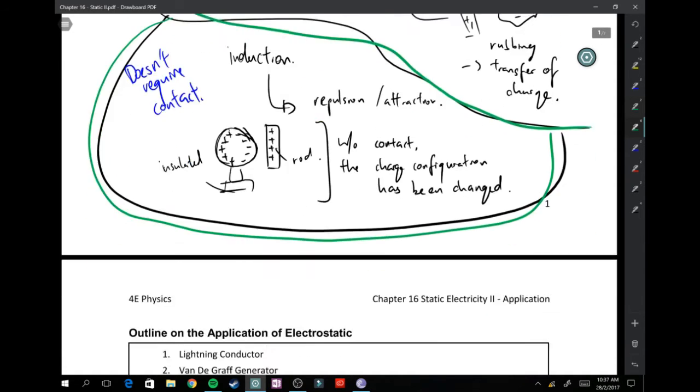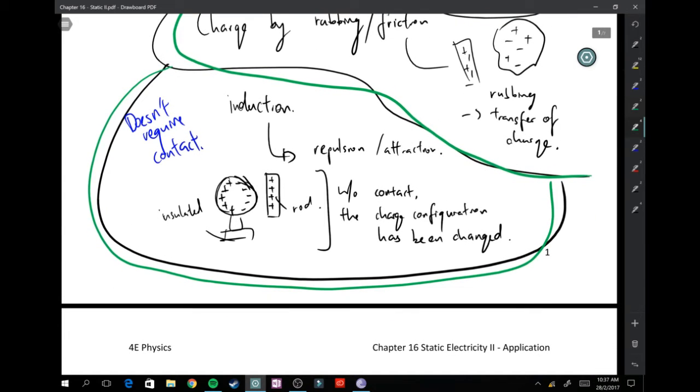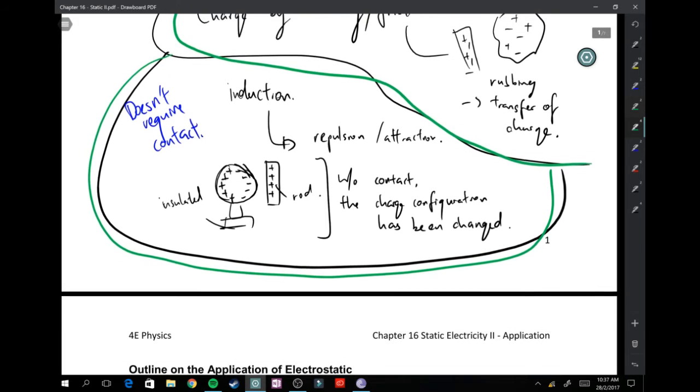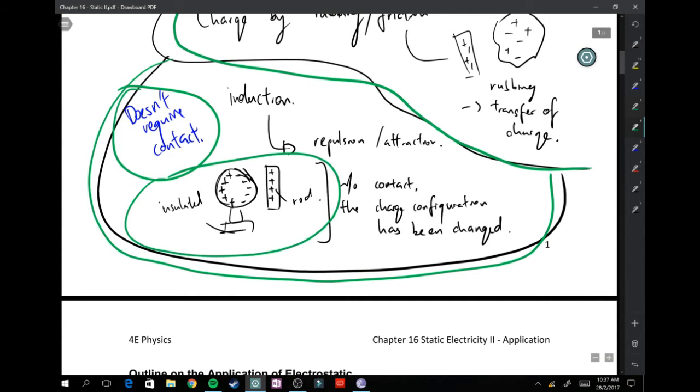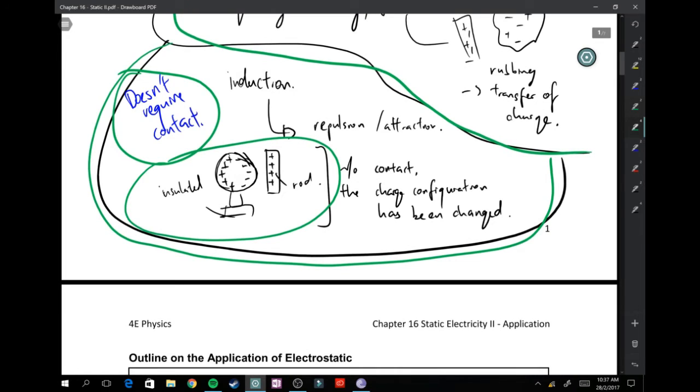Then we talk about induction, which is about how we can alter the charge configuration without contact. So over here I write: doesn't require contact. In induction we are mainly talking about repulsion and attraction, and I hope you remember this diagram. If not, please return to Static 1 to look at what's happening. When I bring the positive rod here, the negative charges here will be attracted to it, while the positive charges here will be repelled by it.